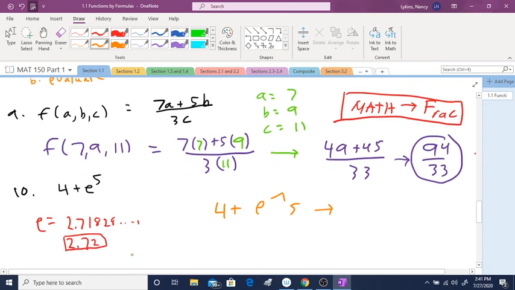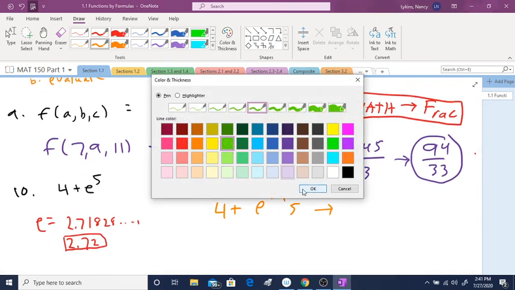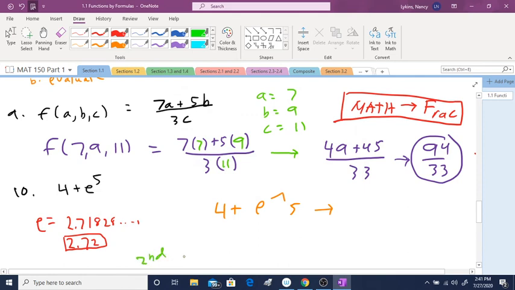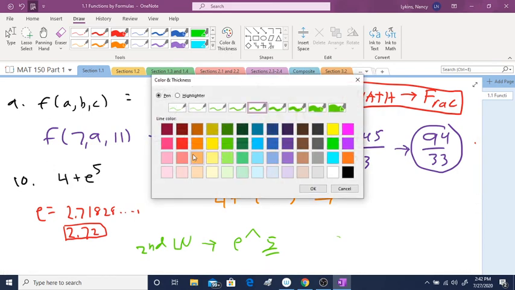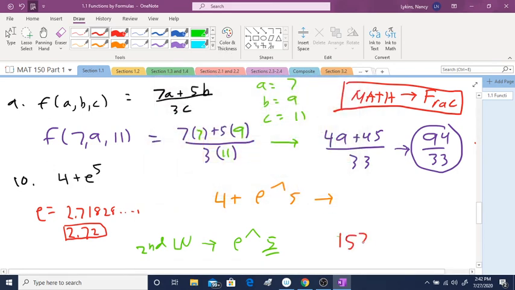So you say second, and then your LN button, and what that will do is give you e raised to, and then in this case you put in the 5. Once you do 4 plus e raised to the 5th, you should get something like 152.41, and so forth.